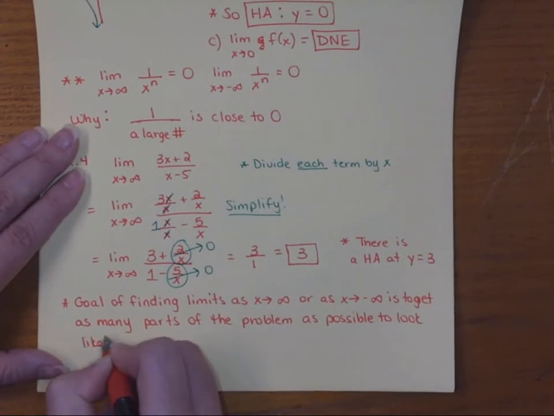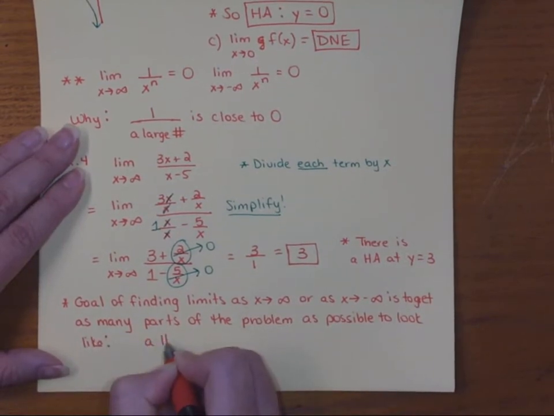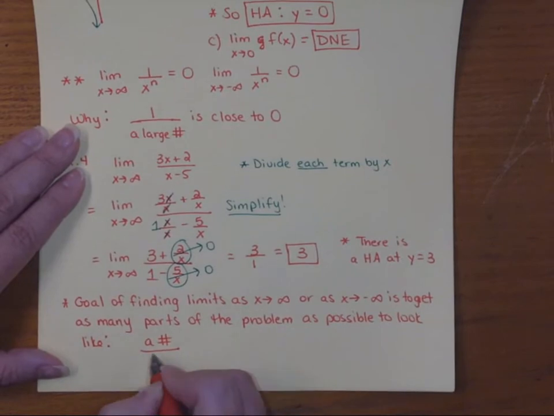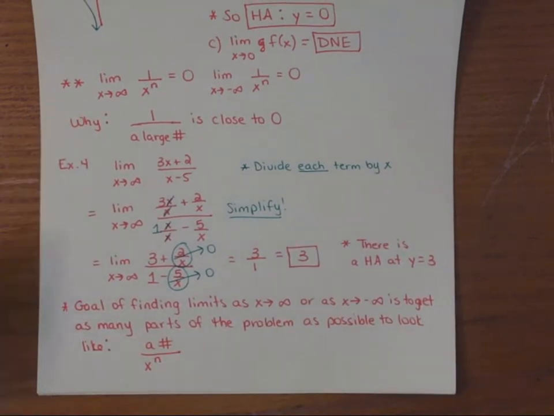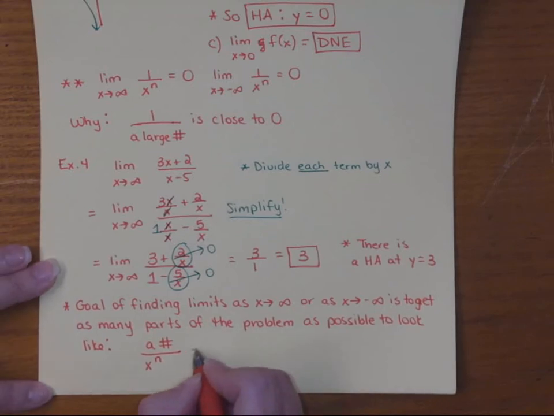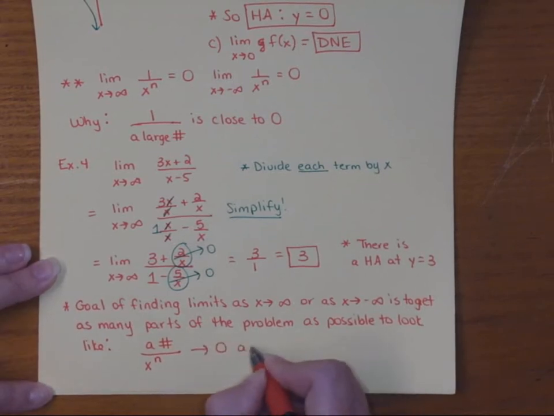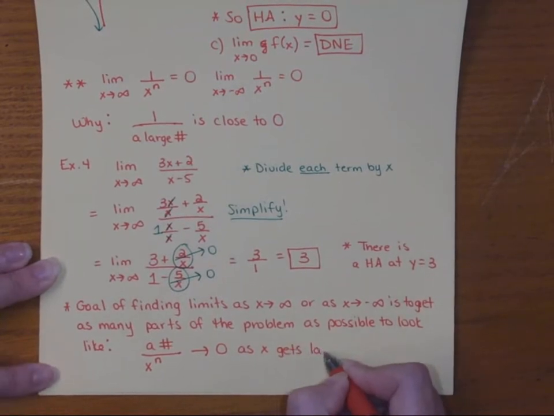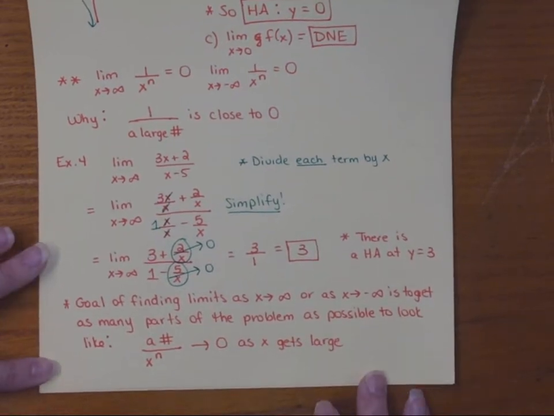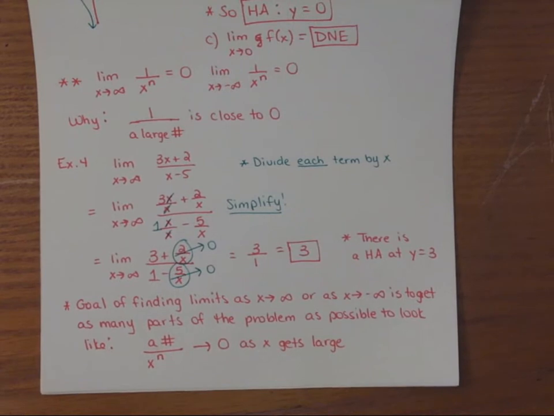We want those to look like some constant, any number, over x to the n power. The reason we want that is because this will go to 0 as x gets large. And honestly, that will work as x gets large in the positive or the negative direction.